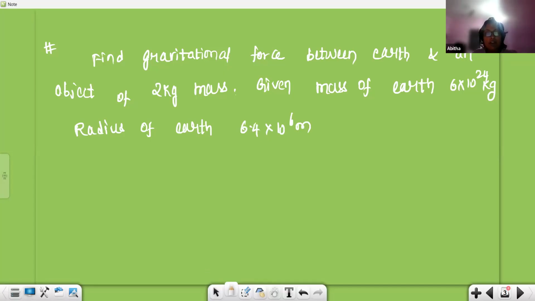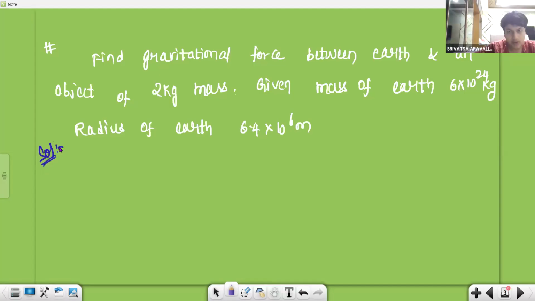So now what do we have to find in the question? Read the question carefully. Find the gravitational force between Earth and an object of 2 kg. There are two objects here, Earth and the other one. What do you need to find in the question?